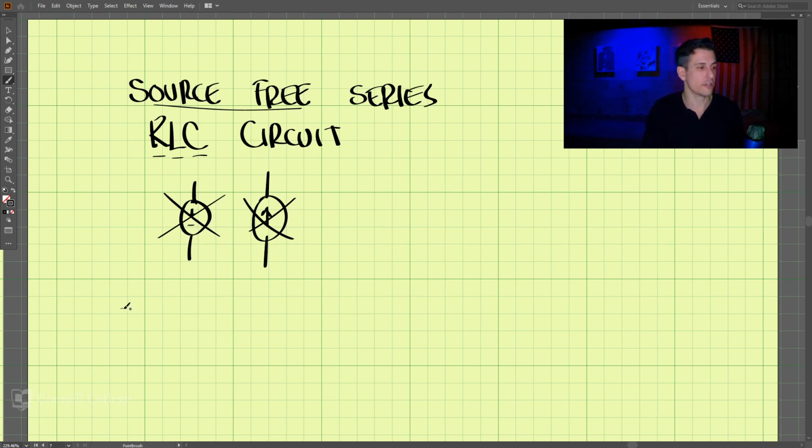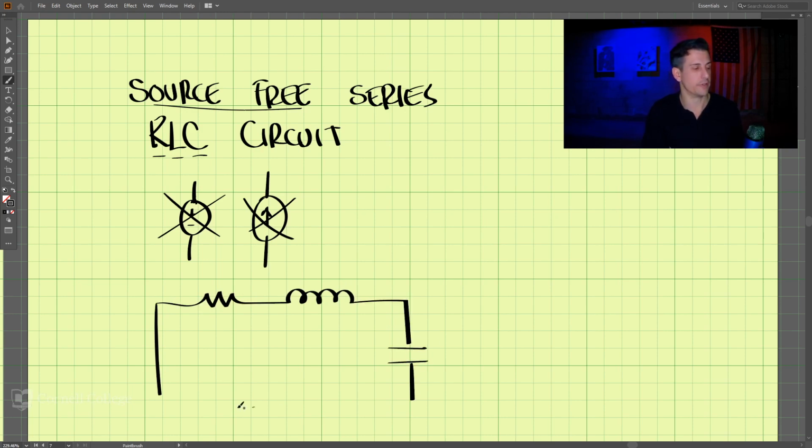So the circuit looks something like this. We have a resistor, an inductor, and those are all in series, and we have a capacitor over here. The capacitor has a value of C, and we initially store a voltage in the capacitor.